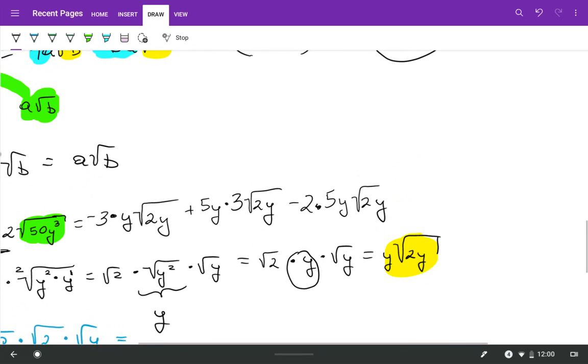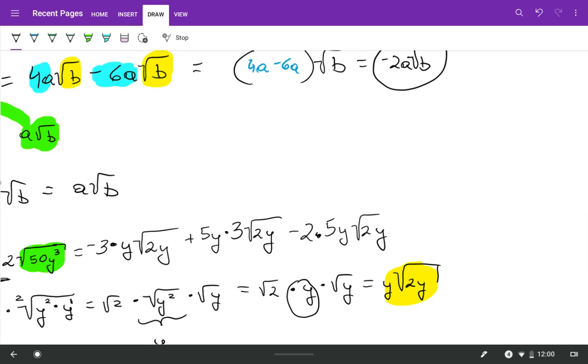And now I'm going to simplify this problem, solve it. So now you see that we have like radicals. Each of the expressions has that square root of 2y. So let's distribute, use the distribution property.